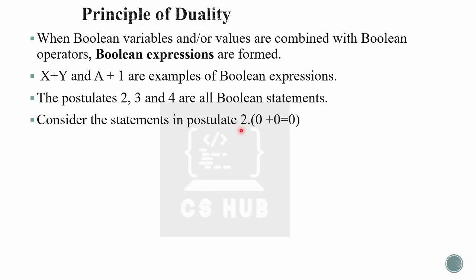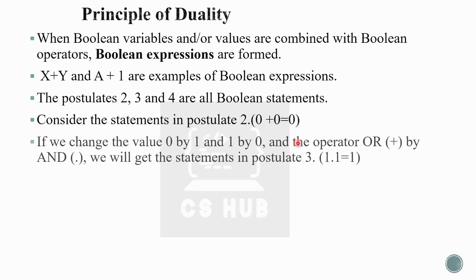Consider the statement in postulate 2, that is 0 plus 0 equal to 0. When we change the value of 0 by 1 and 1 by 0 and the operator OR by AND, we will get the statement in postulate 3. That is, when we change all the zeros by ones and all the plus signs by dot sign, that means all the OR operators by AND operators, we will get another expression.